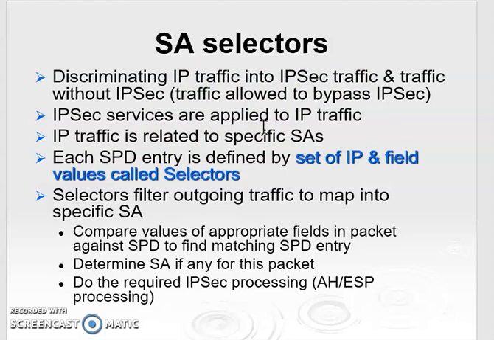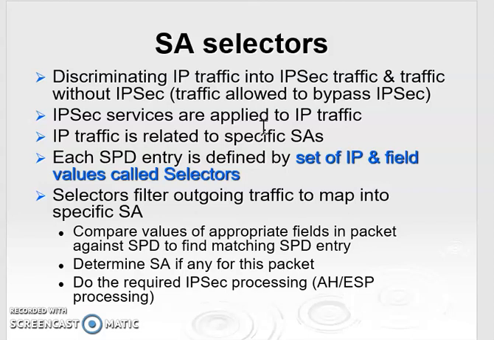Then the IPsec services are applied to the IP traffic, and the IP traffic is related to the specific security association. Each SPD, that is the security policy database entry, is defined by a set of IP and field values, which are called selectors.